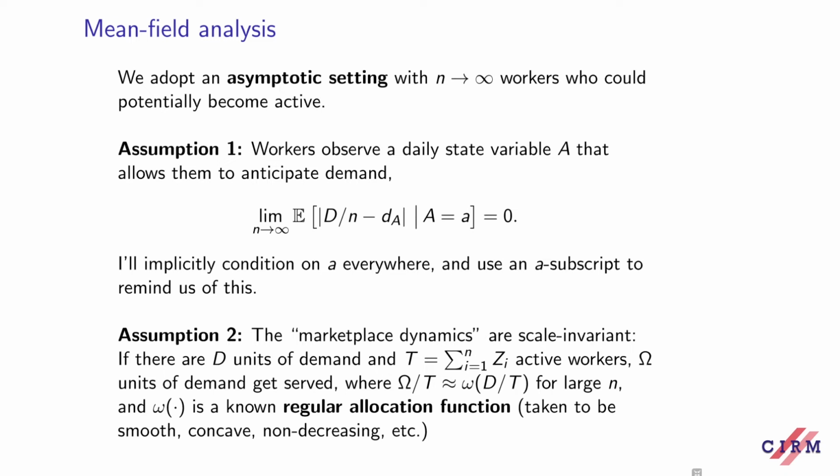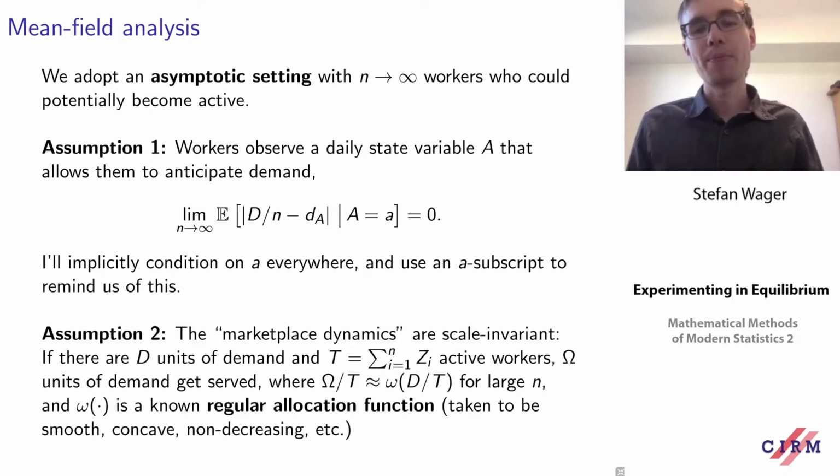So we're going to assume that there is a daily state variable A, such that A can change everything. It can change the distribution of demand. It can change the distribution of worker outside options. But once you condition on A, then we're going to be in a large marketplace and everything concentrates. In particular, the distribution of demand concentrates conditionally.